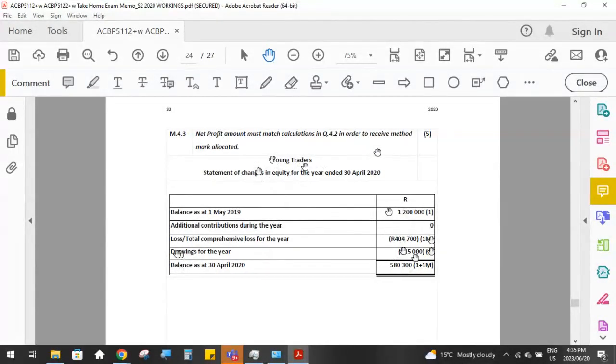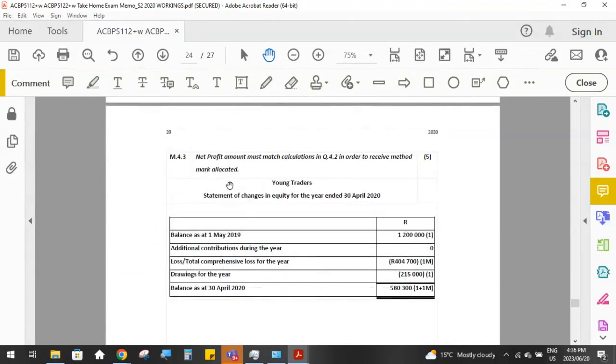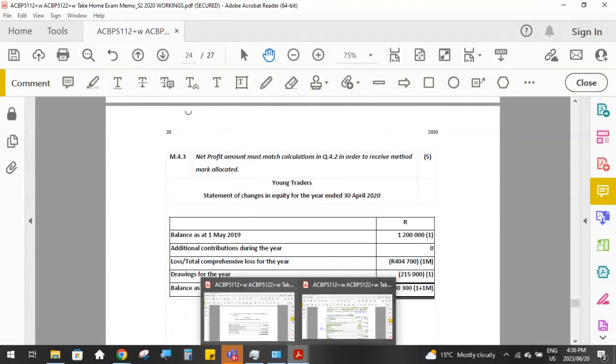And again, it must be headed correctly because it is one of your official financial statements, part of your official set of financial statements. Okay. Everybody happy where those amounts came from? And that is the end of this question.